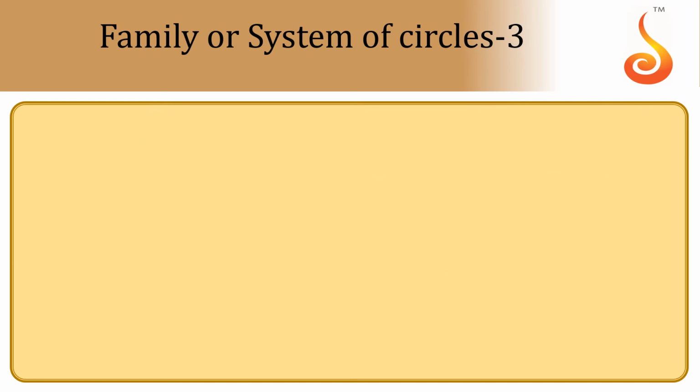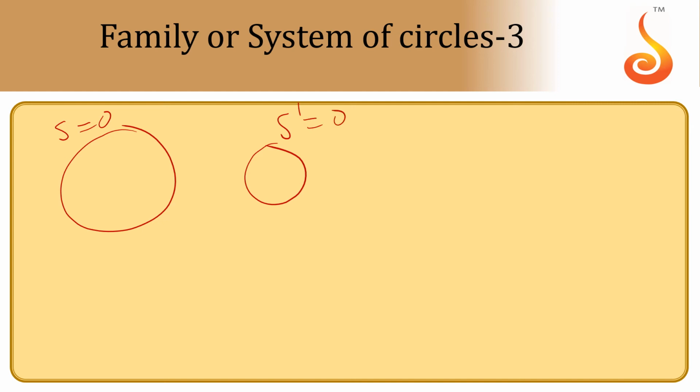Now the main question arises: what happens if two circles do not meet each other? Here also, see the figure, don't just do the calculations. That is the important thing. Suppose I do S minus S dash equals 0, I'll get some line. Now what is that line here? If the circles are intersecting, we named that line the common chord.